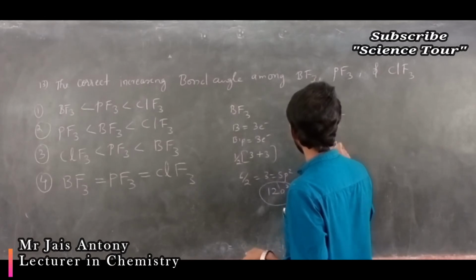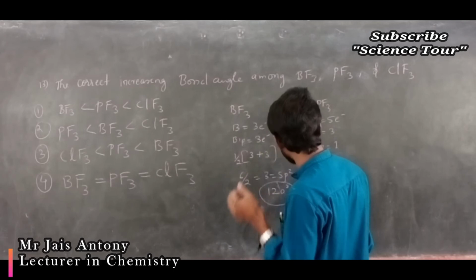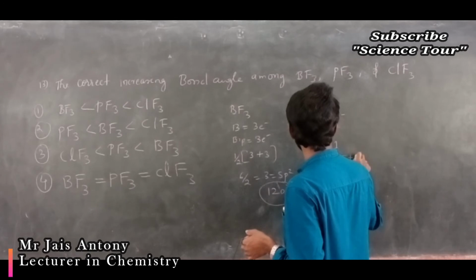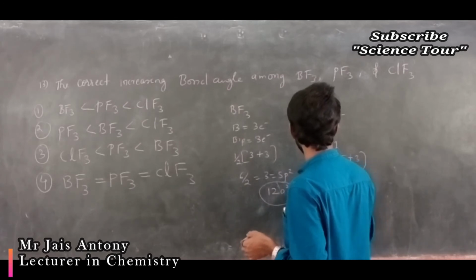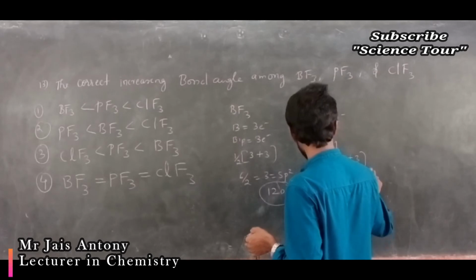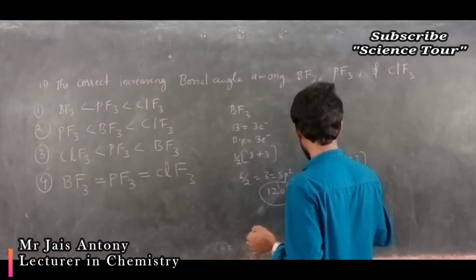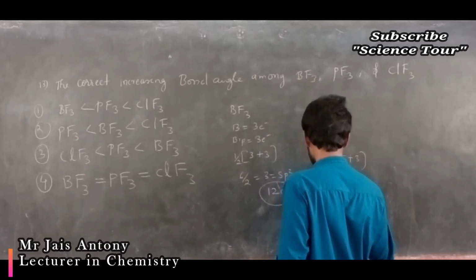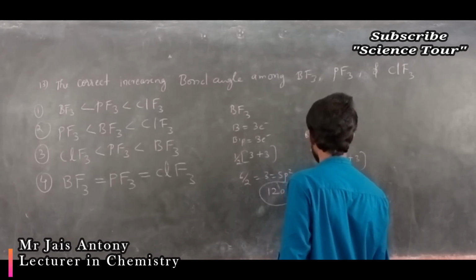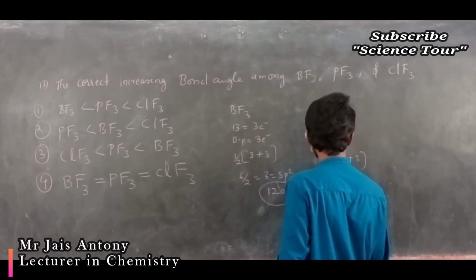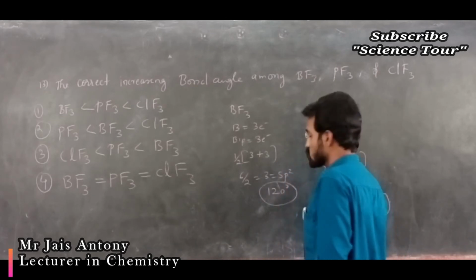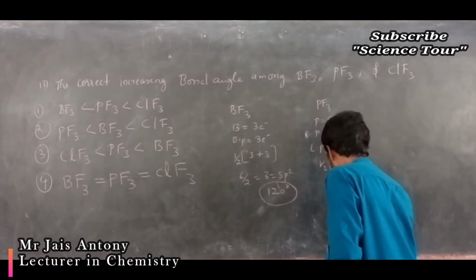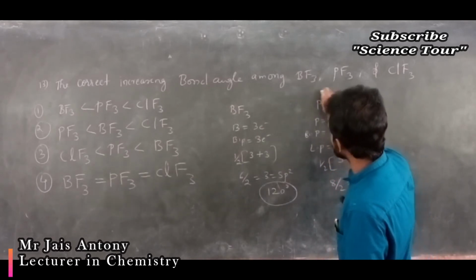What is the hybridization of this one? 5 plus 3 is 8, 8 divided by 2 is 4, so 4 hybridized orbitals, that means sp3. sp3 means actually it should give 109 degree 28 minutes, but here also this is one special case, my dear students.